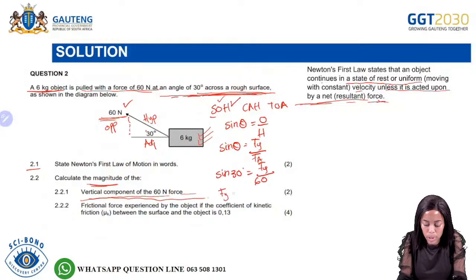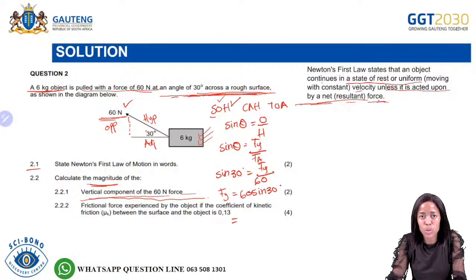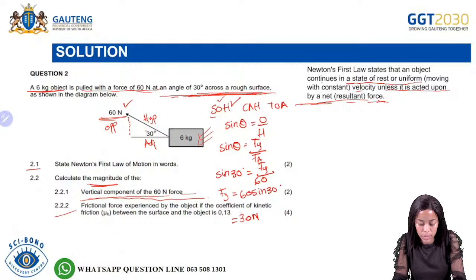So from there we will then say Fy is equals to 60 sine 30 degrees, so that you are able to calculate your vertical component. So it's 60 sine 30 degrees, which then gives us 30 Newton.